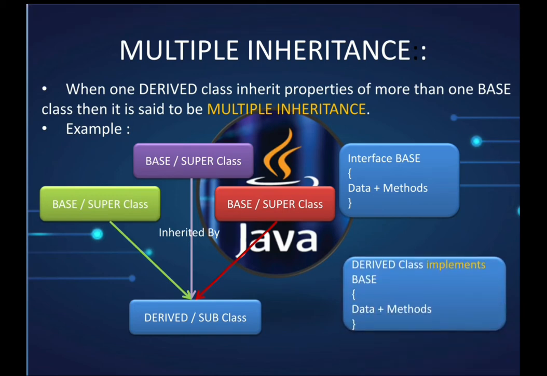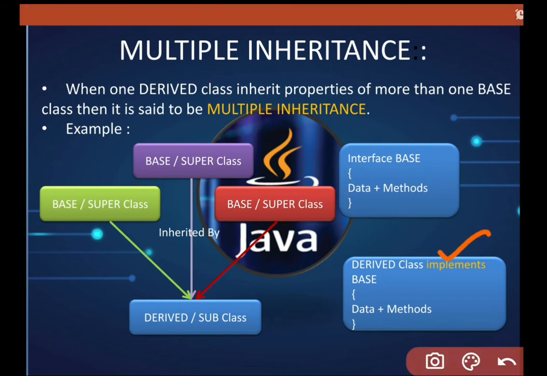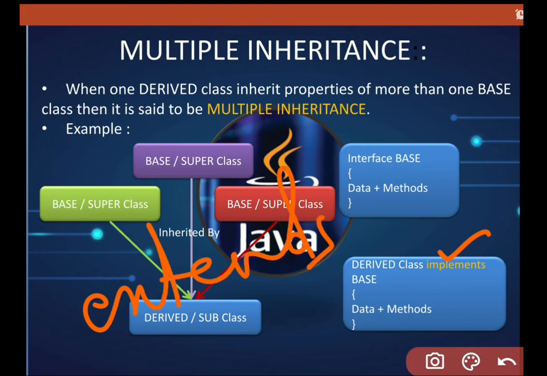And see, a derived class implements base. Base is an interface. Implements is a keyword which is used in place of extends. We are using implements to inherit an interface.